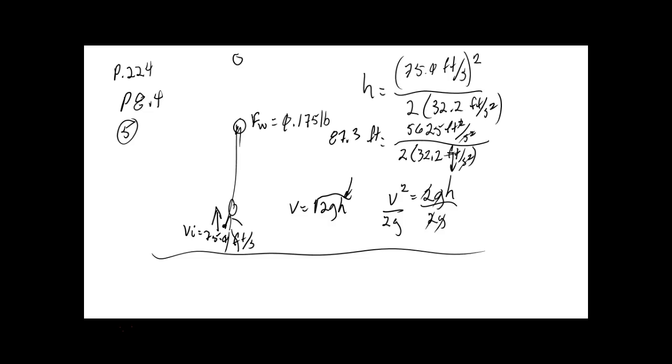Only the one in your book is meters per second. So yours, as it's going up, every second it goes up, it loses speed at 9.8 meters per second. So in the first second, it's down to about 113.2 meters per second.